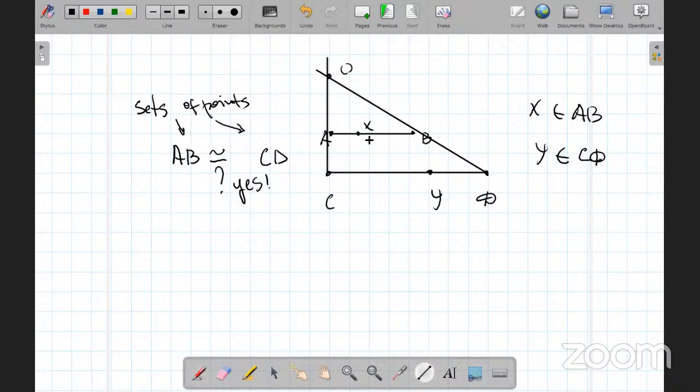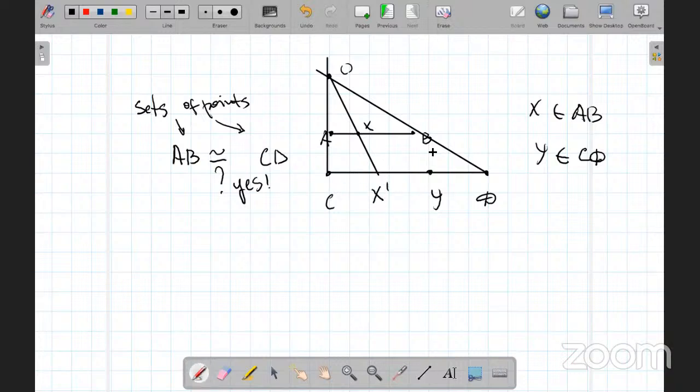Suppose I have this X here, and now I can project it onto CD. So I have an image of X on CD, which let me call X prime.